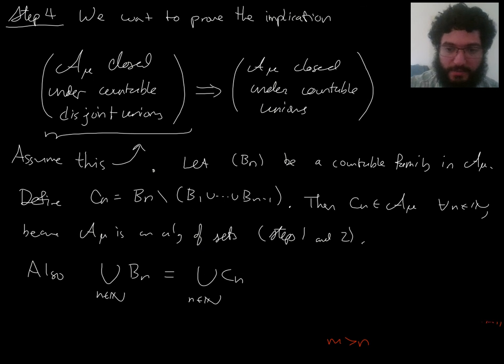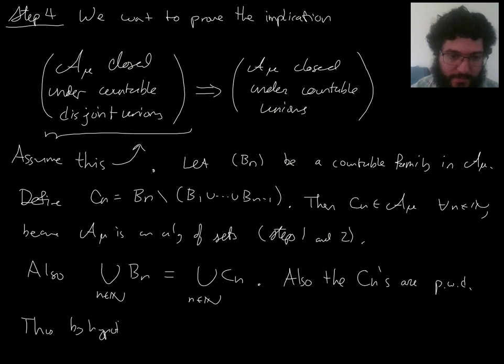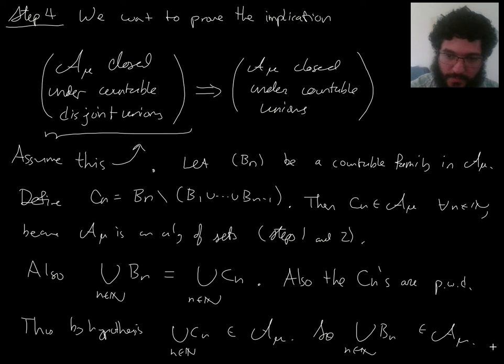So the C's are definitely pairwise disjoint. Thus, by hypothesis, by our assumption that we have closure under countable disjoint unions, the union of the C_n's is in A_mu, so the union of the B_n's is in there. Okay, that's it for step 4.